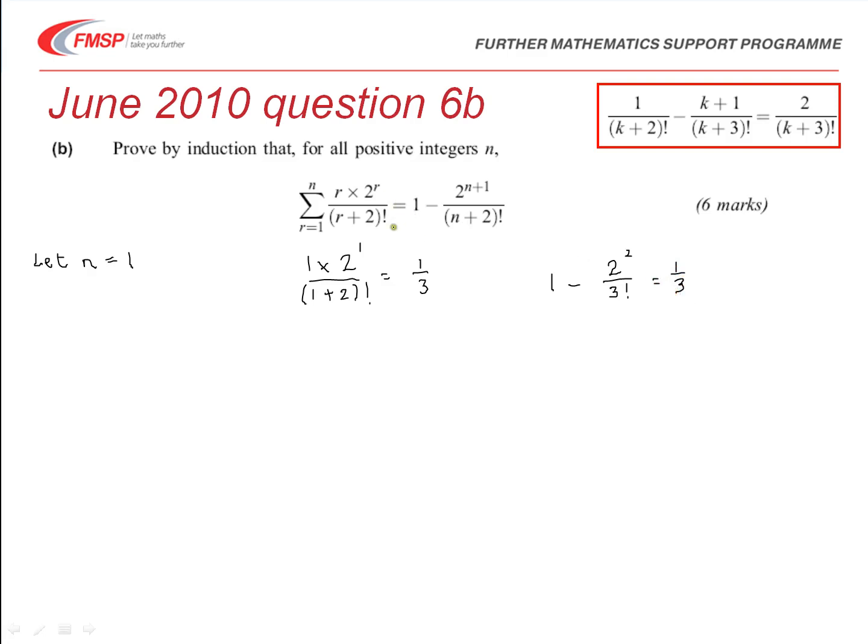So both sides of this equation give you the same result of 1/3. So this is true for n equals 1. So that's good news. At least it's true for the first value.